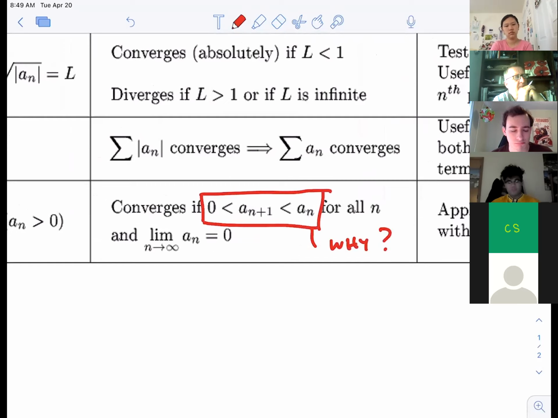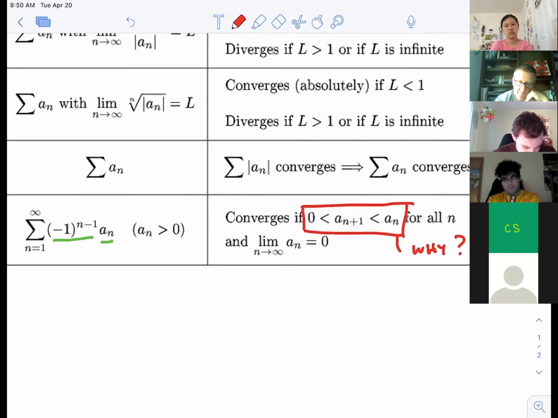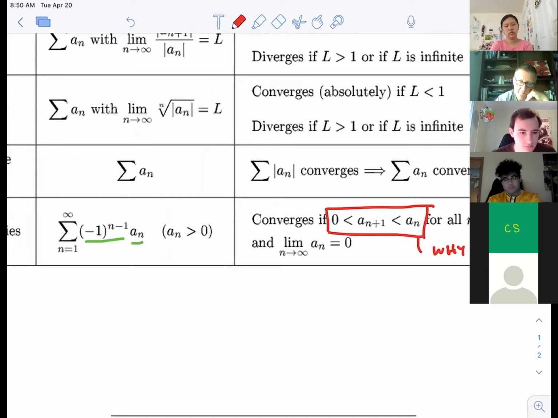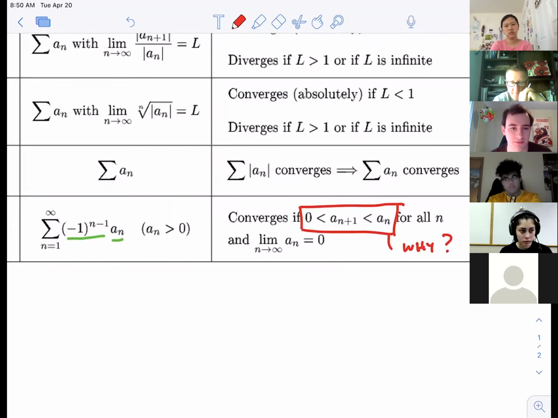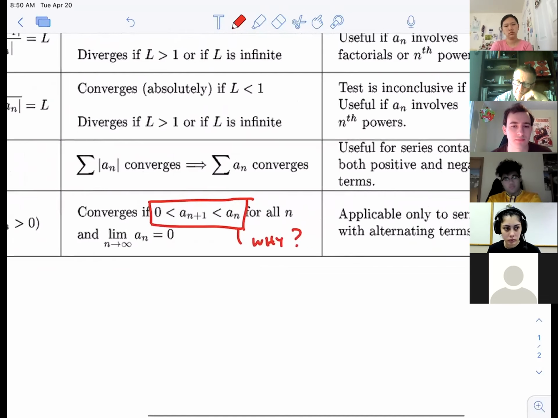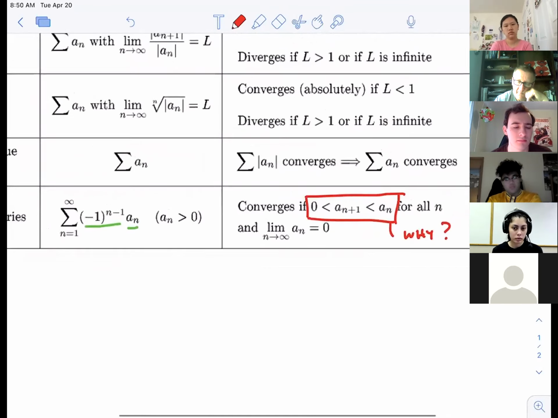Why do we need that statement? Why can't we just say the terms are on their way to 0? I wonder if it would mess up the formula somehow by making it, if it was negative, I don't know if that would mess it up somehow. I don't know.